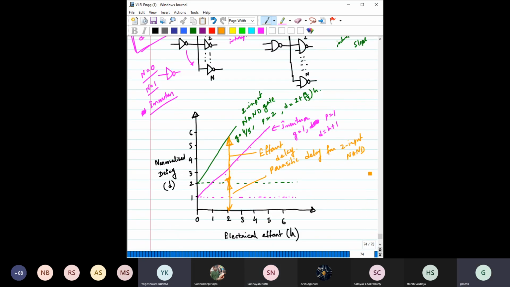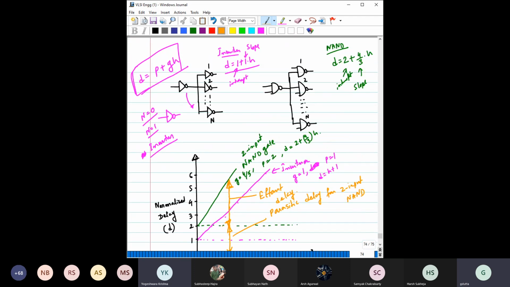Oh, you are saying effort delay. Yes, it is the effort delay. I thought you were talking about the Elmore delay model, which we are going to cover. Yes, this is effort delay, so this basically depends on n, or the fan out.